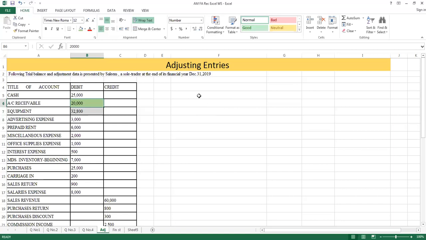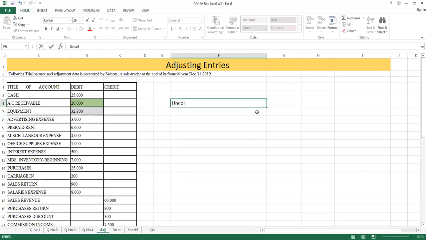Since we are making an estimate, it is possible that we will be able to get the whole 20,000 amount, and it is also possible that some amount will not be received. So if you think that some amount will not be receivable, we call it uncollectible, or student we also call it bad debts.